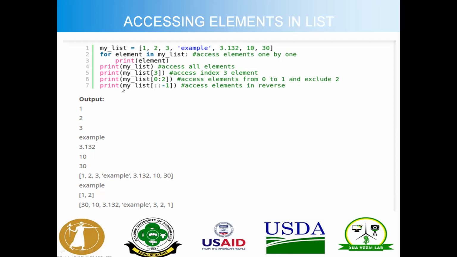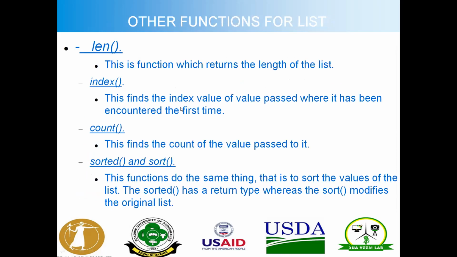But you can also access the elements in reverse order. How can you do that? You can do that by putting two colons and then -1. It means you access the elements from the last item to the first item. So those are several ways we can use to access elements.